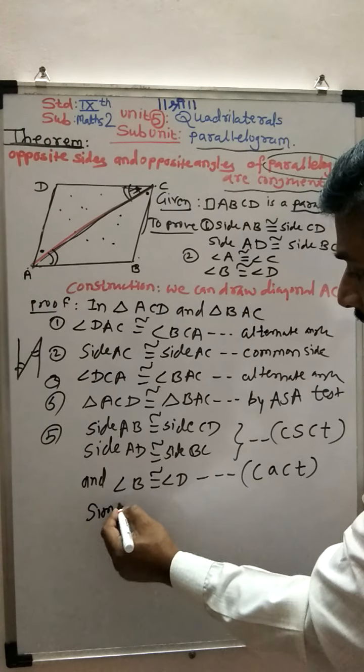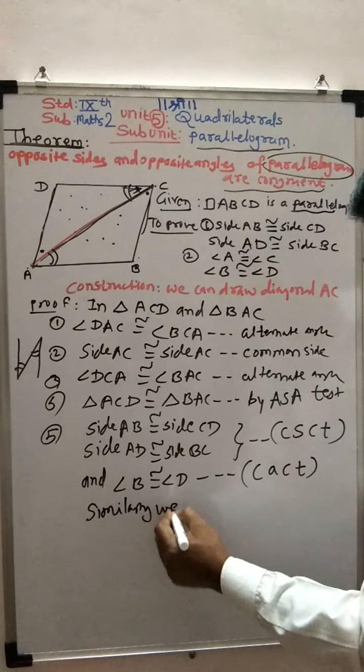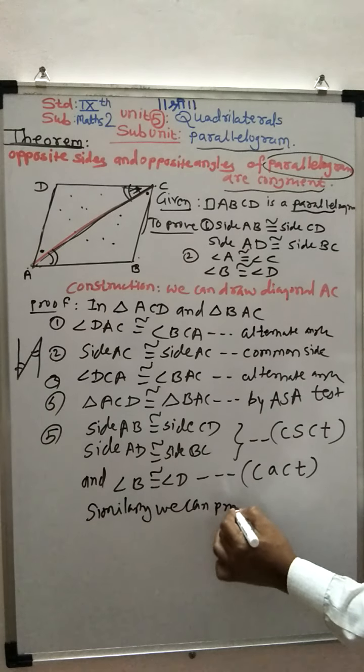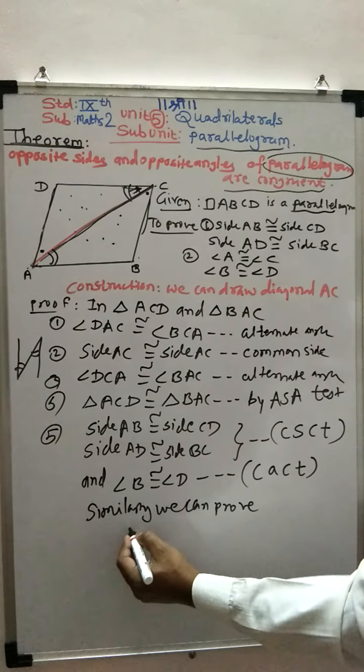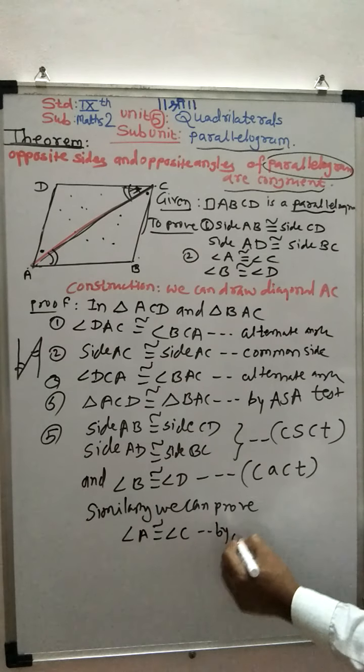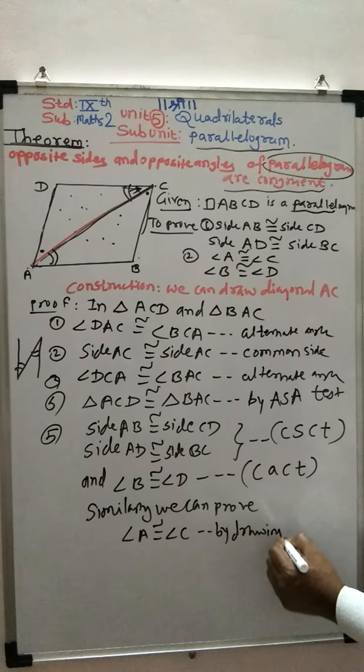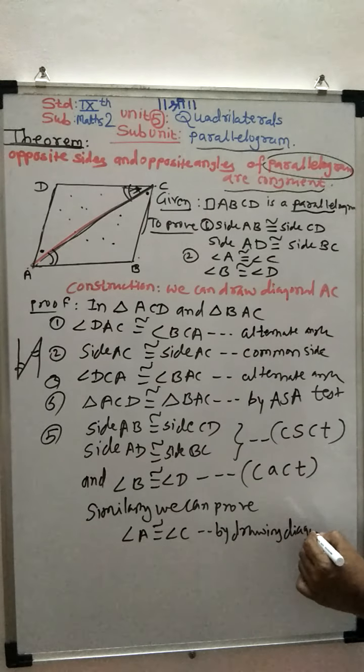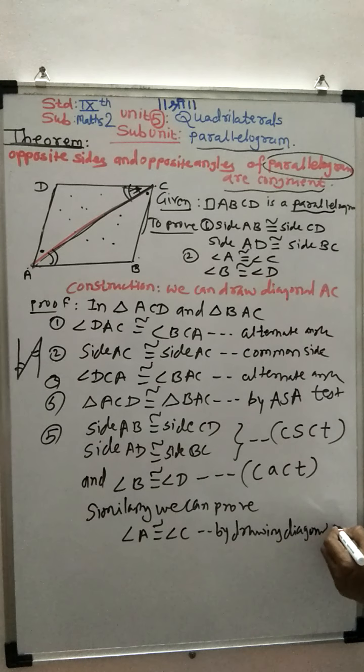Similarly we can prove angle A congruent to angle C by drawing diagonal BD.